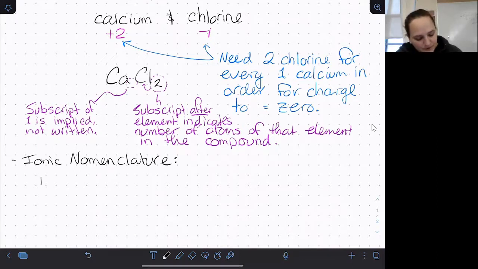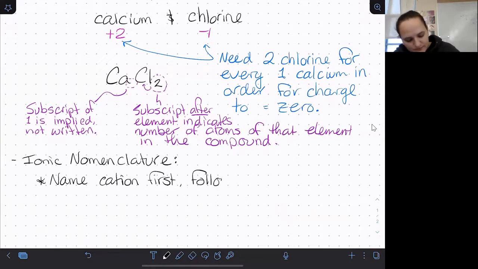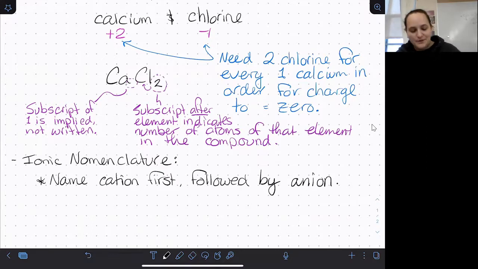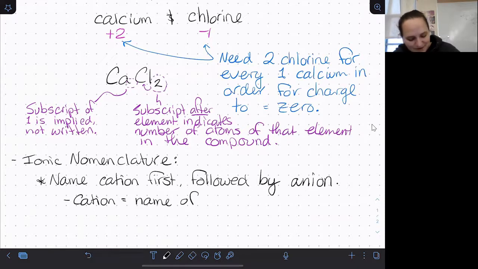Pretty simple, really, in that what it boils down to is that we name the cation first, followed by the anion. And that's essentially all there is to it. So then it's just a matter of how do we name the individual ions, which is not always just the element name. So for the cation, it pretty much is. The cation name is just going to be the name of the element.